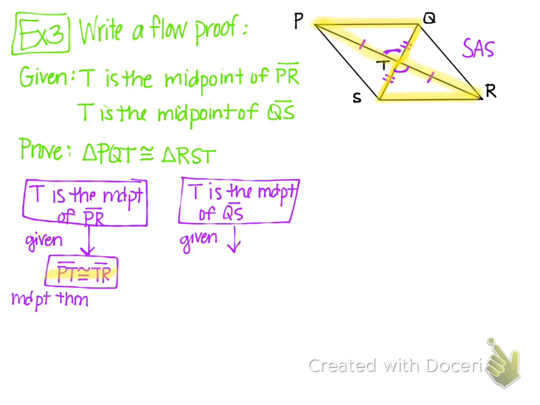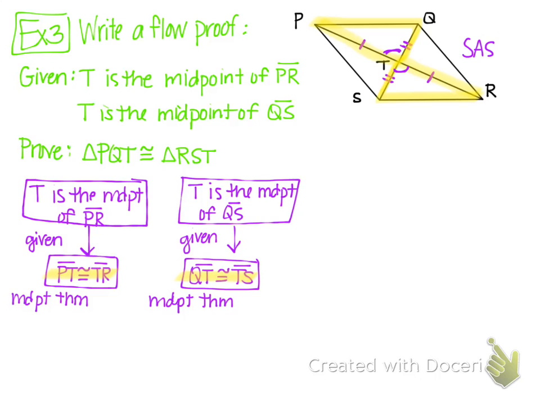Now from that, just like the other one, we're going to say that QT is congruent to TS. My reason, just like before, is midpoint theorem. And that's another thing that I need to prove the two triangles congruent.